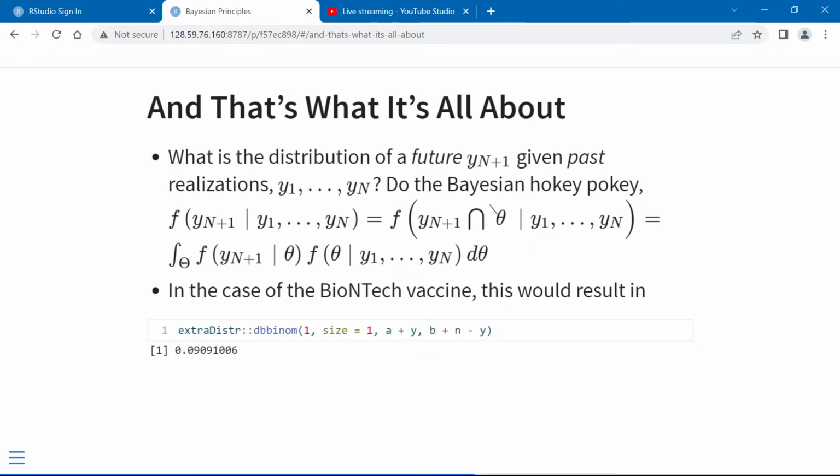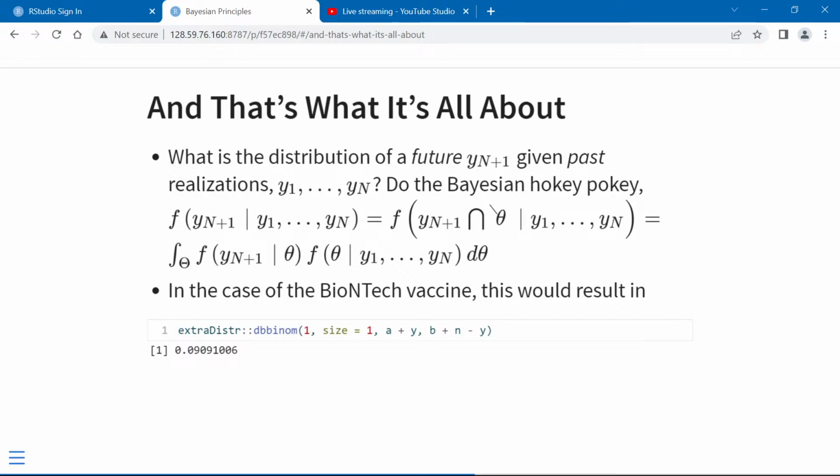You can shake it around and do the dance if you want to, but put theta in. So joint distribution of future outcome and theta, conditional on past outcomes. And we're going to purge theta out by doing an integral over the space of theta.